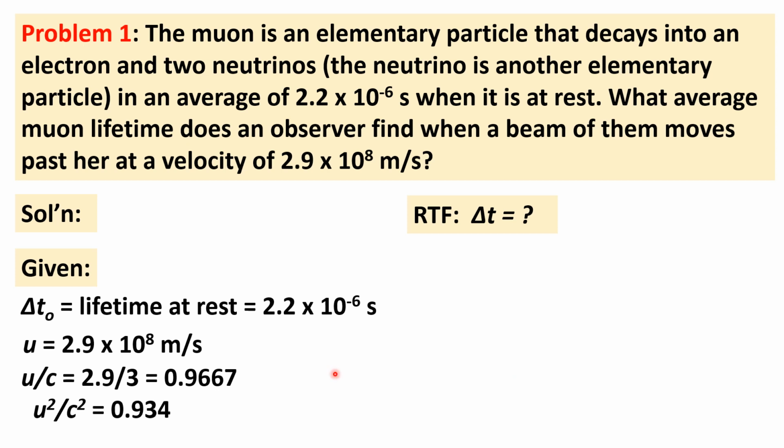Before we proceed in calculating for delta t, let's first determine the ratio of u over the speed of light c. That means 2.9 times 10 to the 8 meters per second divided by the speed of light, which is 3.0 times 10 to the 8 meters per second.